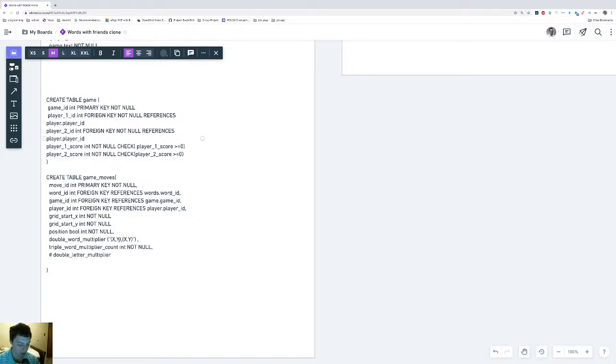Because at some point you will need to calculate the intersection between these two. I'm not sure if you would need to encode this in the database somehow, but you would need to factor it into the score for this move, right?